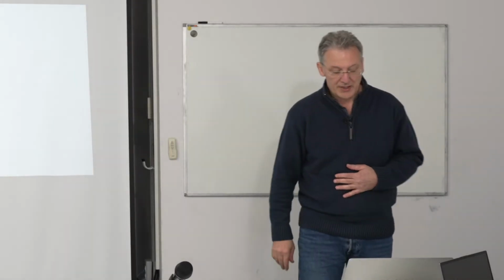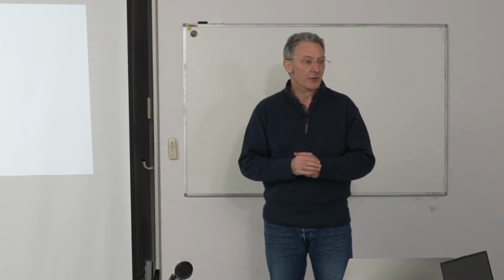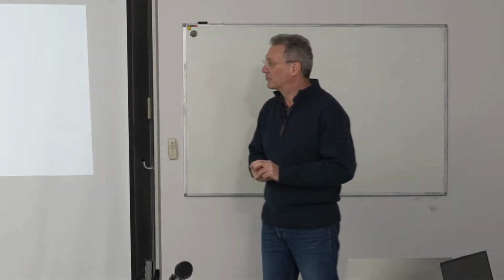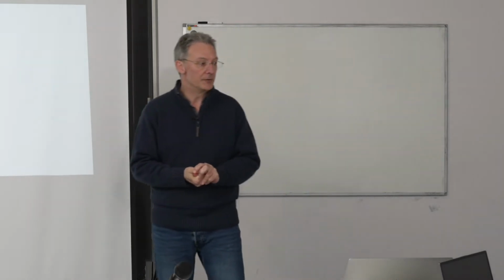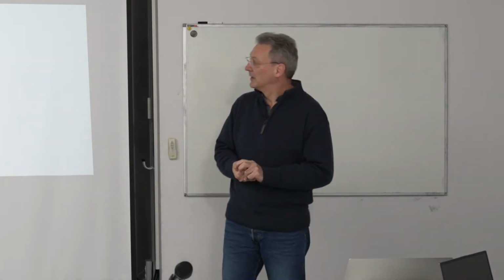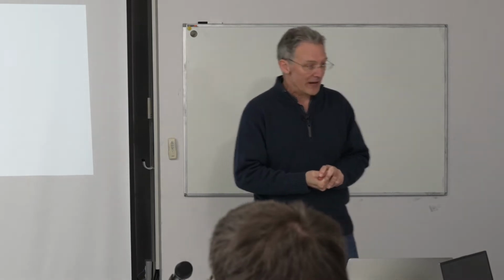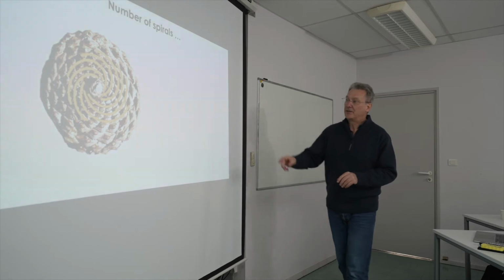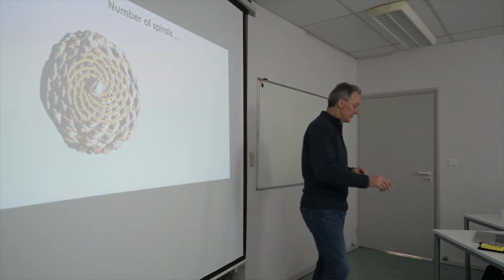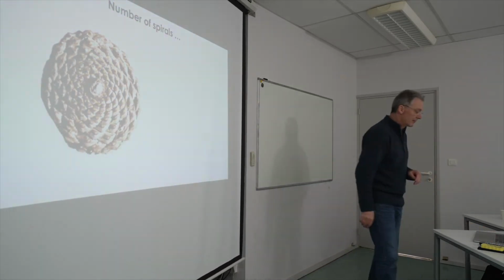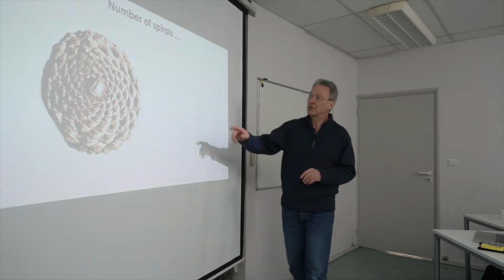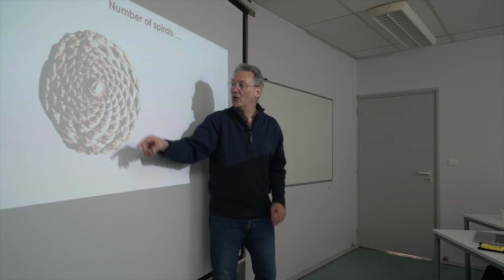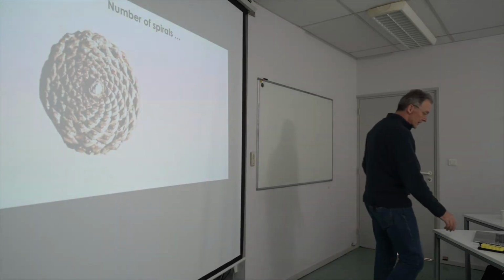What is striking, and I just give you this for noticing, maybe this can be also one project that we try to do during the course, is that if you look at the spirals and then you count them in one direction, actually you see that there are spirals in two directions, in the counterclockwise or in clockwise direction.